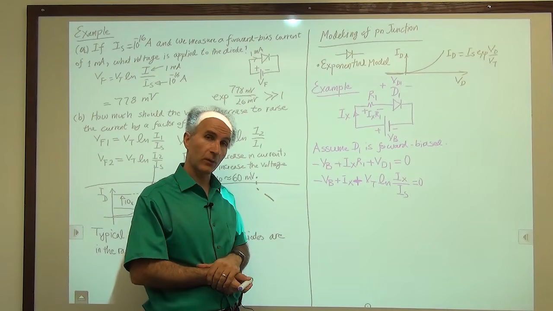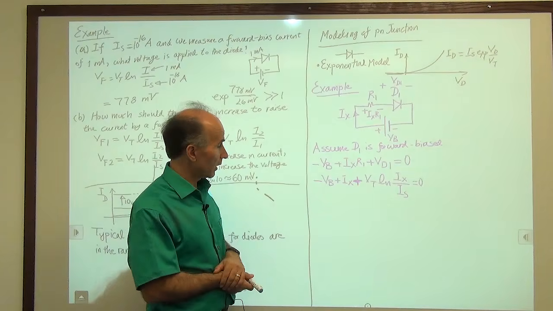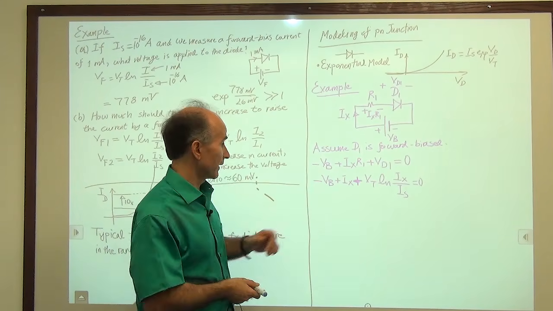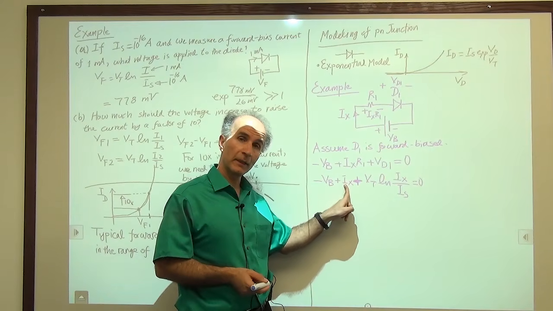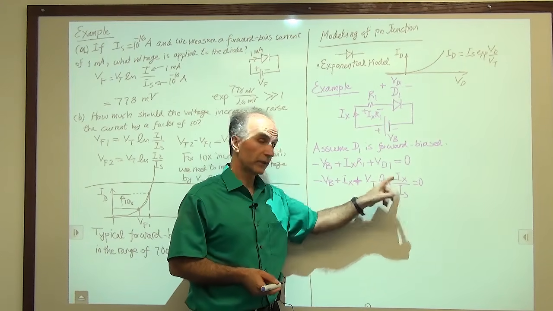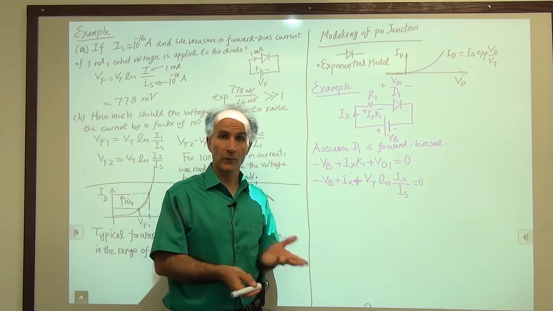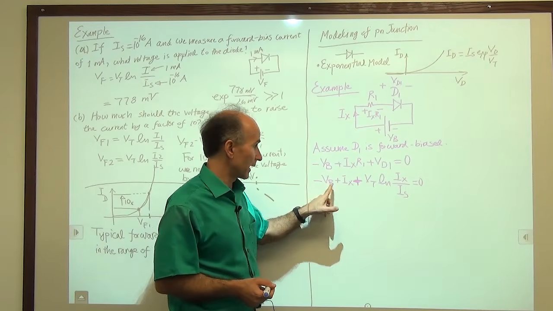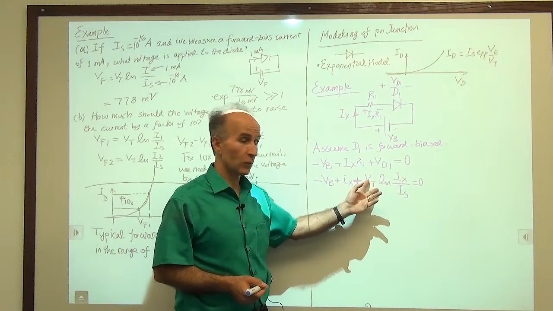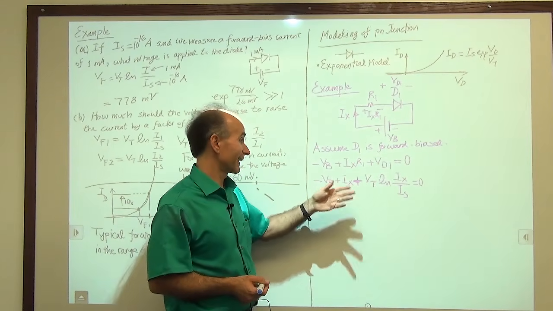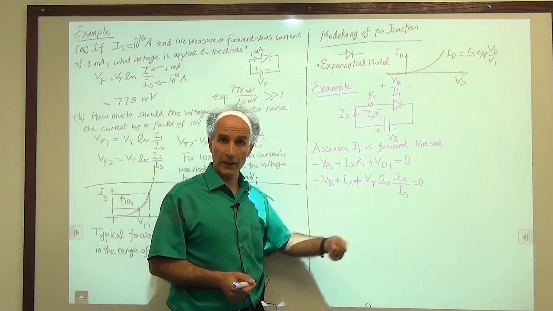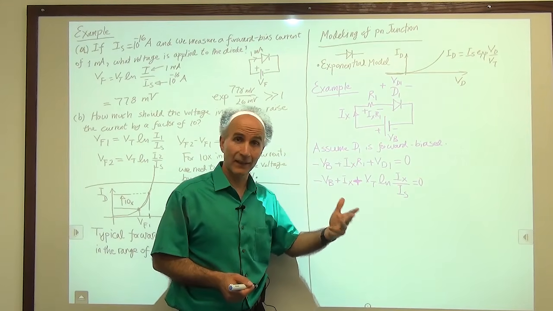Now, how do I solve this equation? Well, this equation does not have a closed form because Ix appears as a linear term here and as a log term here. So how do we solve it? Well, by iteration. If we know the value of VB and the value of Is, and Vt is 26 millivolts, we can make a guess for Ix, see what happens, and we iterate until Ix is obtained accurately enough.